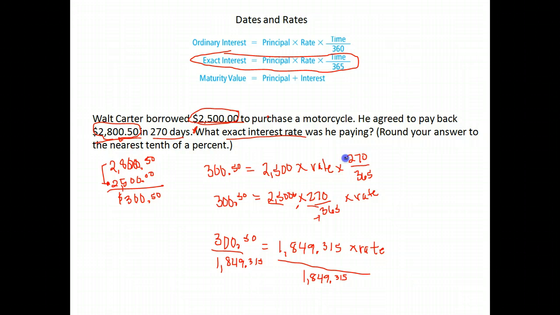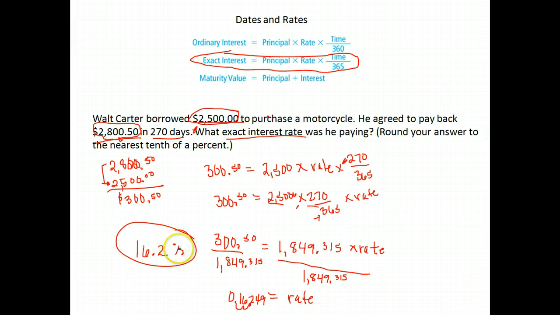When I do that, I get 0.16249. That's a rate, so we want to change that to a percent. Move it 2 places to the right. It says to round to the nearest tenth of a percent, so we want one more place after our decimal, so we write 16.2% and leave the rest off.